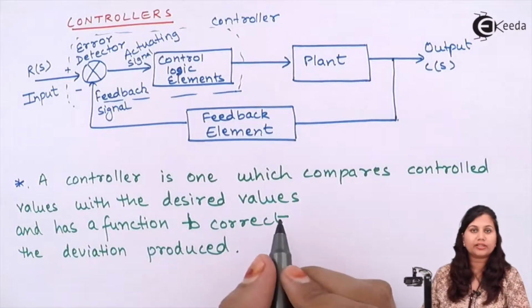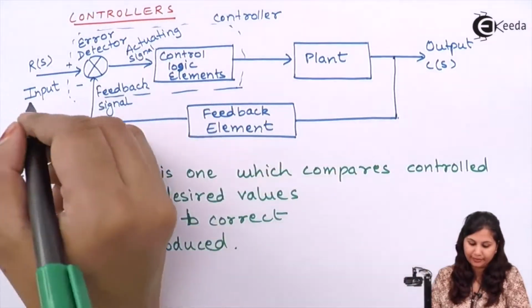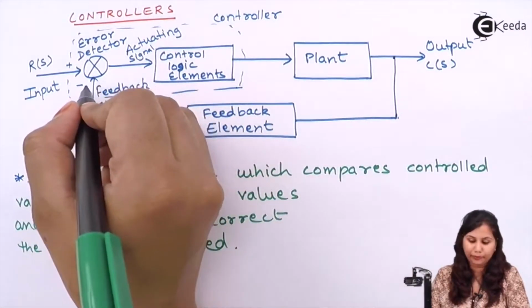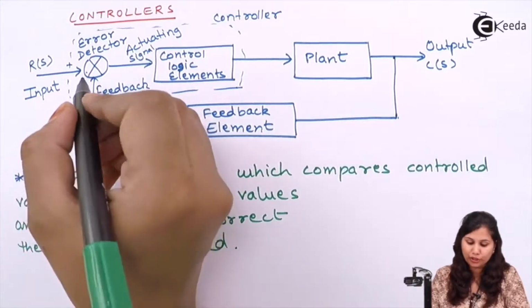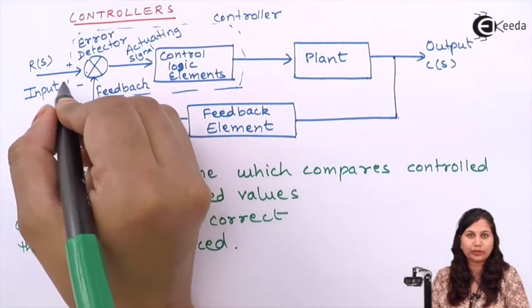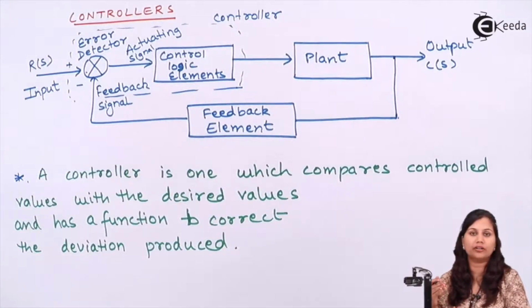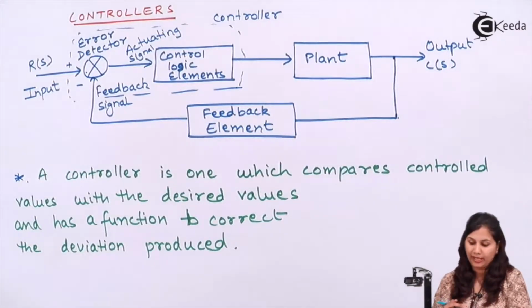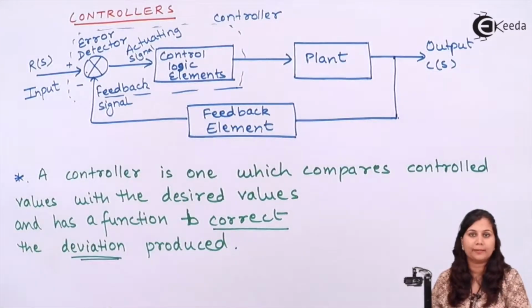So what a controller is doing is comparing the desired input and the controlled input. This is our controlled input and this is the desired input. The controller is comparing these two inputs. It is checking how much the controlled input is deviated from the desired input, and it has a function to correct the deviation which is produced.